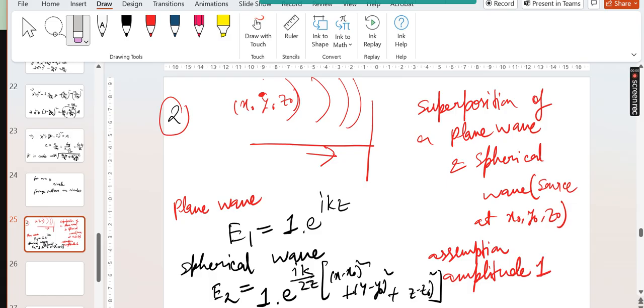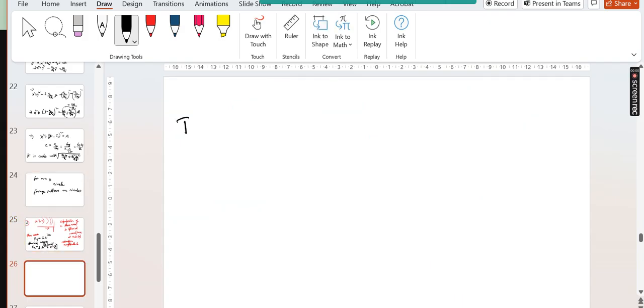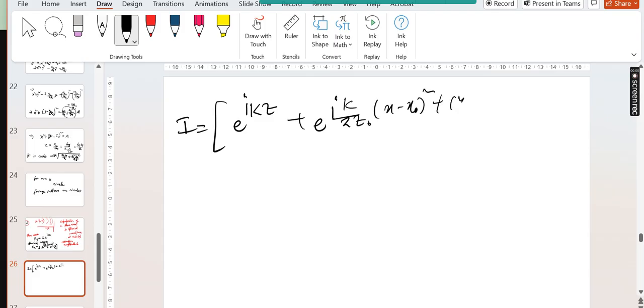So we have seen that this doesn't survive when we simplify this equation. So basically e to the power ikz plus e to the power ik by 2z naught times (x minus x naught) whole square plus (y minus y naught) whole square, into e to the power minus ikz.